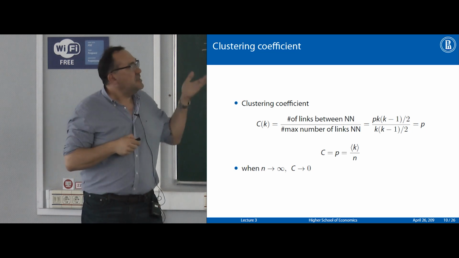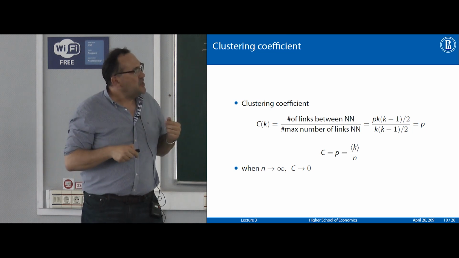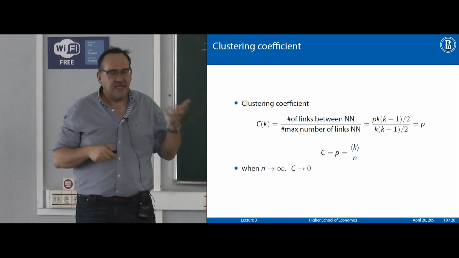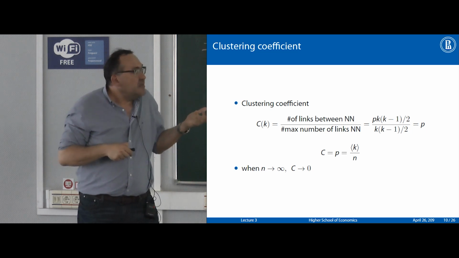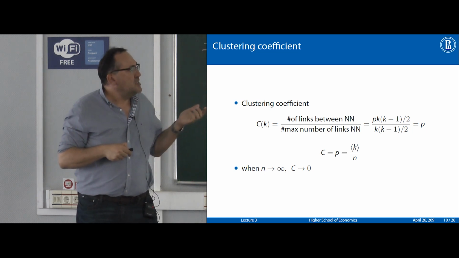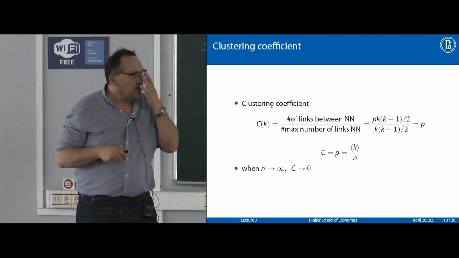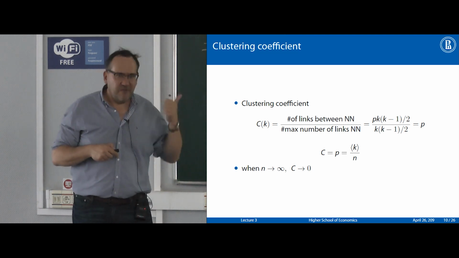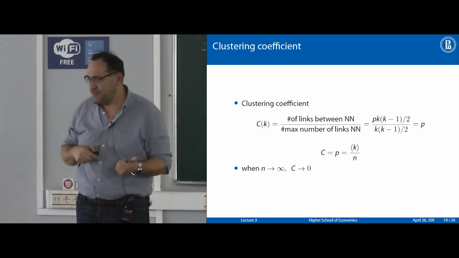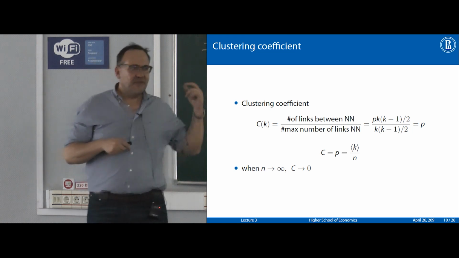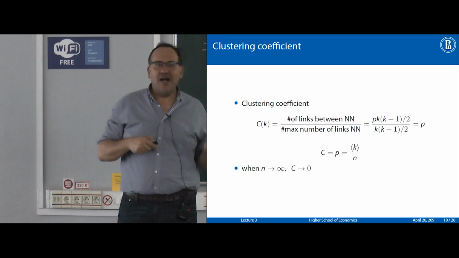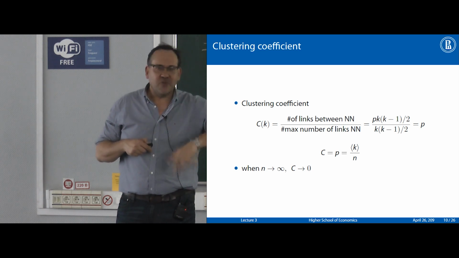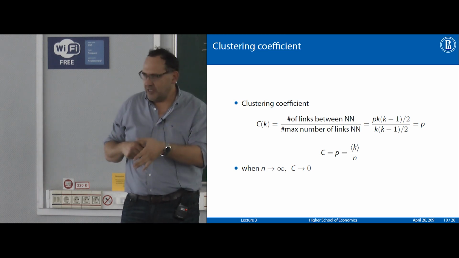So the clustering coefficient here is actually equal to that parameter p, and it does not depend on anything within the model except for this parameter p. And so it can be quite small if this parameter p is small. So in plain English, in this type of graph, there will be very few triangles. So in some sense, this model does not describe triangles the way we see it in real social networks.